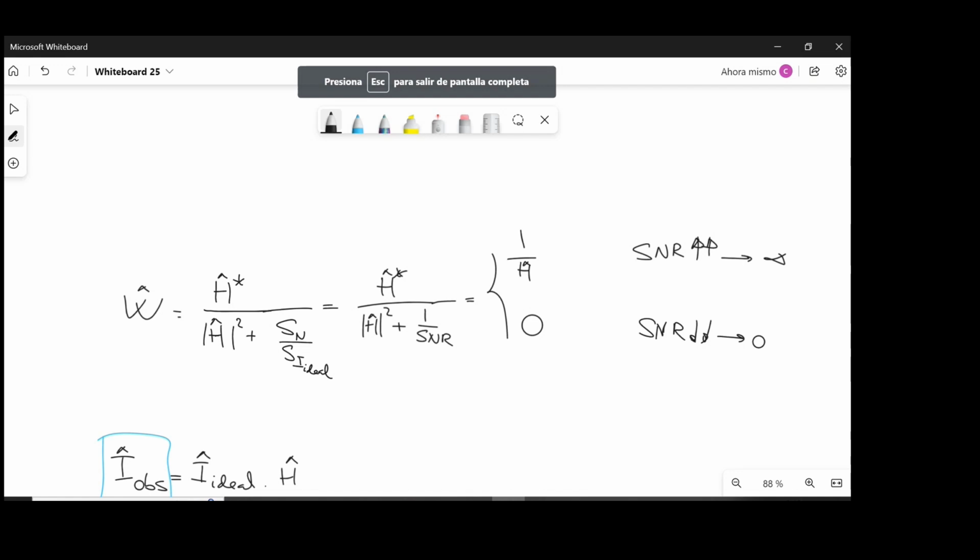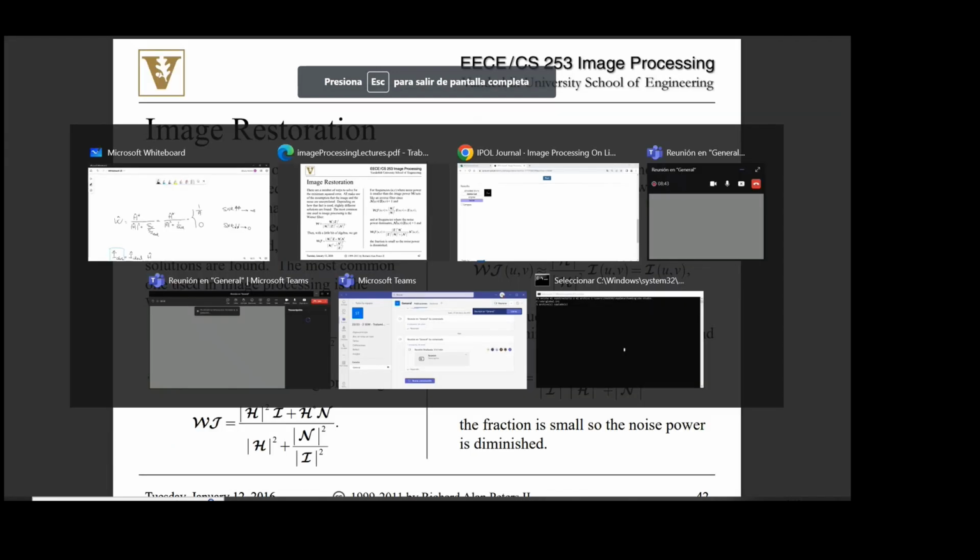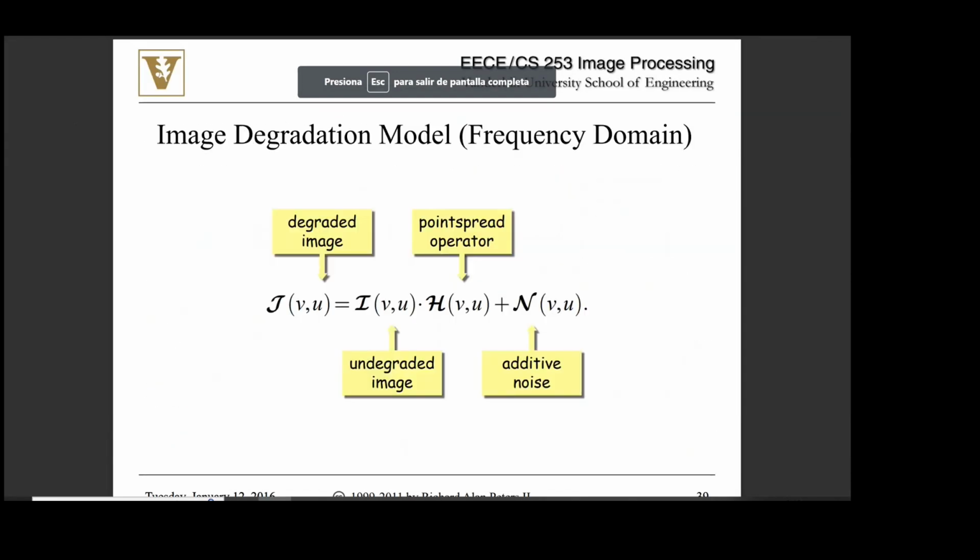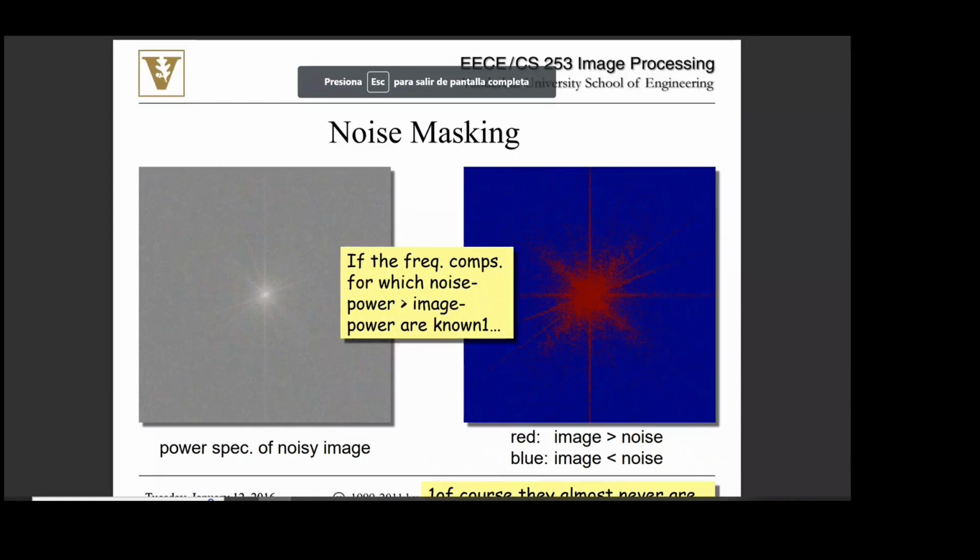So this is working in these regimes here. If you have a frequency for which you have much more signal than noise, then simply divide by h. But if you have a frequency for which you have much more noise than signal, put it to 0.